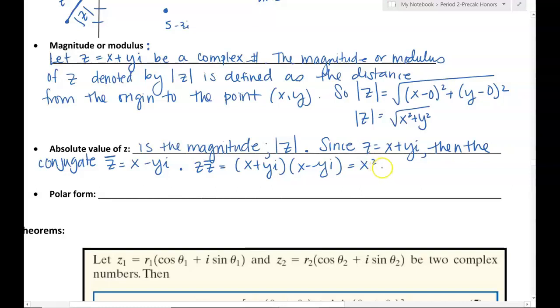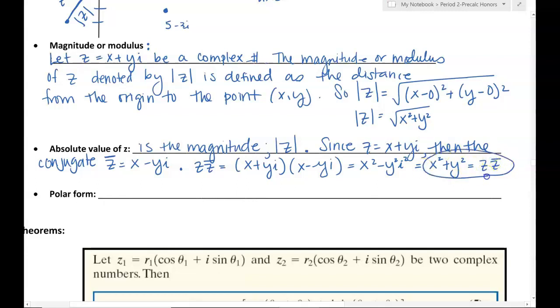Technically, this is minus y squared i squared, but i squared is -1, so this is really x squared plus y squared. Well, that equals z times z conjugate.